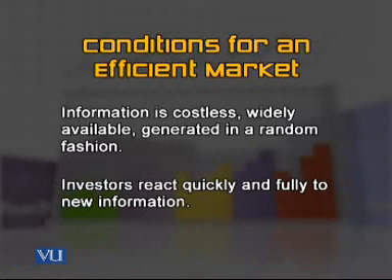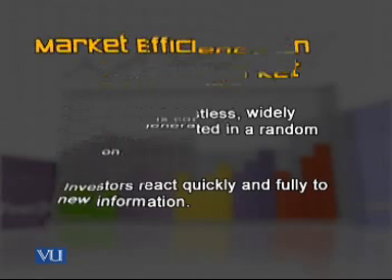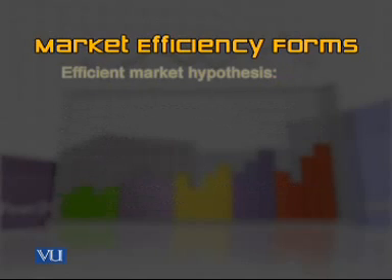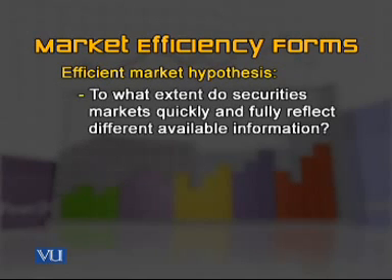Investors react quickly and fully to all new information coming in. We talked about buying and selling on rumors and acting otherwise when actually information comes in. But there are forms in the efficient market hypothesis, and we must understand to what extent the securities market quickly and fully reacts to all the information.